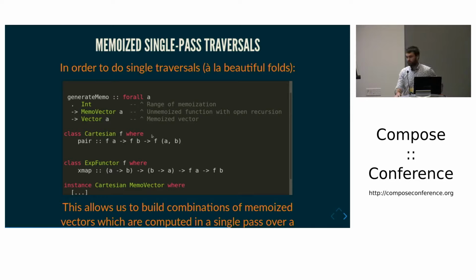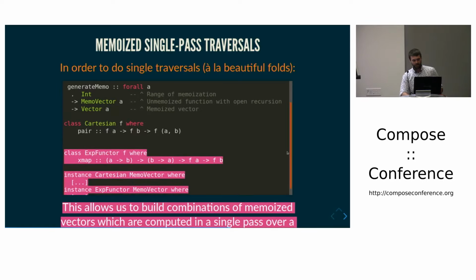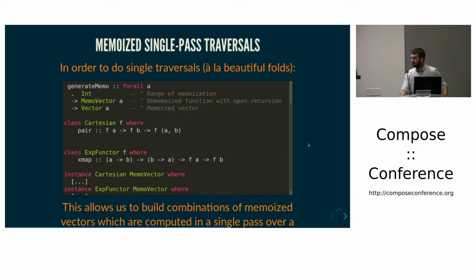That means that as you're doing this computation, you can build up pairs of things you're collecting as you go along, and that allows you to do single pass traversals. This is not the nicest way to do things, but it's what we've come up with for doing the kinds of things we want.